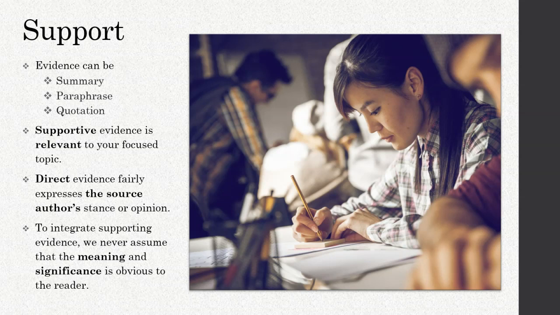We never want to leave the evidence as a hit and run quote. So in order for evidence to be supportive, it must be integrated into your own ideas, your own discussion, so that you clearly talk about the meaning and the significance, so your reader knows why you are including those quotations.